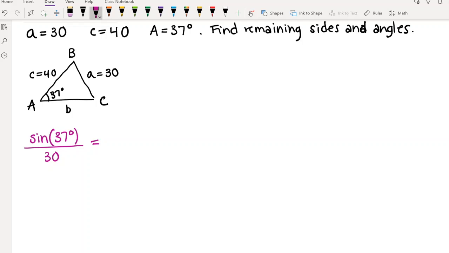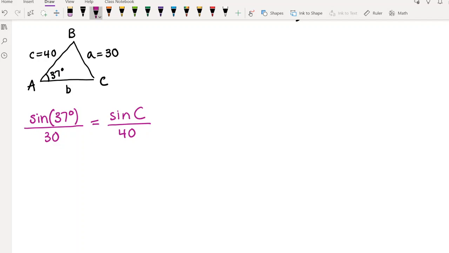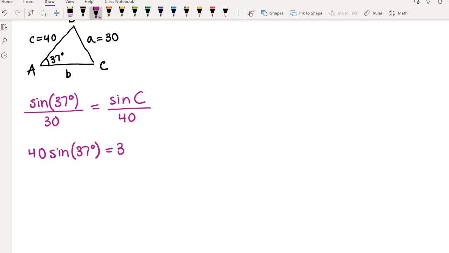We don't know what angle C is, but we do know that side length c is 40. So let's try solving this for C and see what happens from there. If we cross multiply like we did in yesterday's video, we get 40 times sine of 37 degrees is equal to 30 times sine of C.